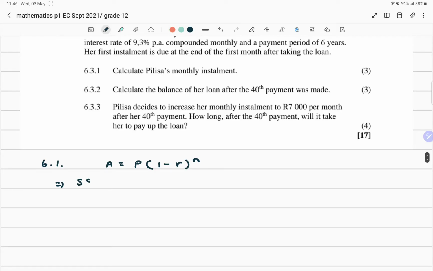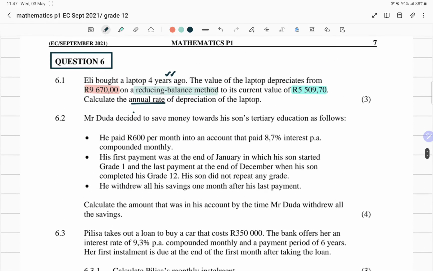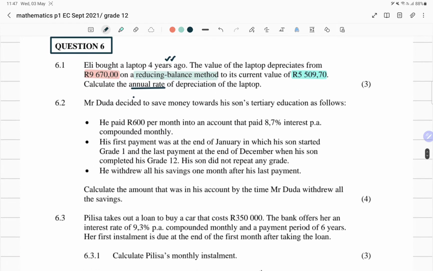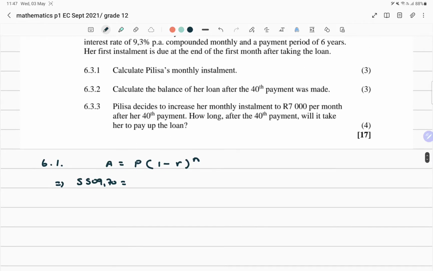So this is 5,509.70 equals, the first one was 9,670. Actually, we don't need the commas there. 9,670 into 1 minus R, which is what we want. But now it was a period of 4 years.